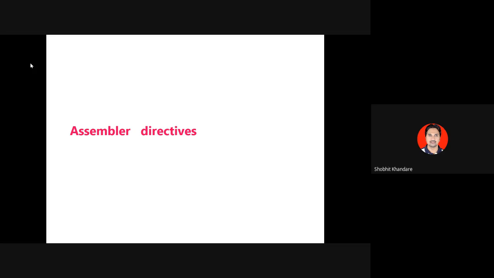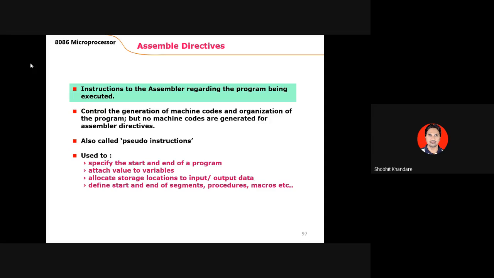Now what do you mean by assembler directives? Pay attention on the screen. Instructions to the assembler regarding the program being executed. For every instruction you write in a program, you have an opcode.